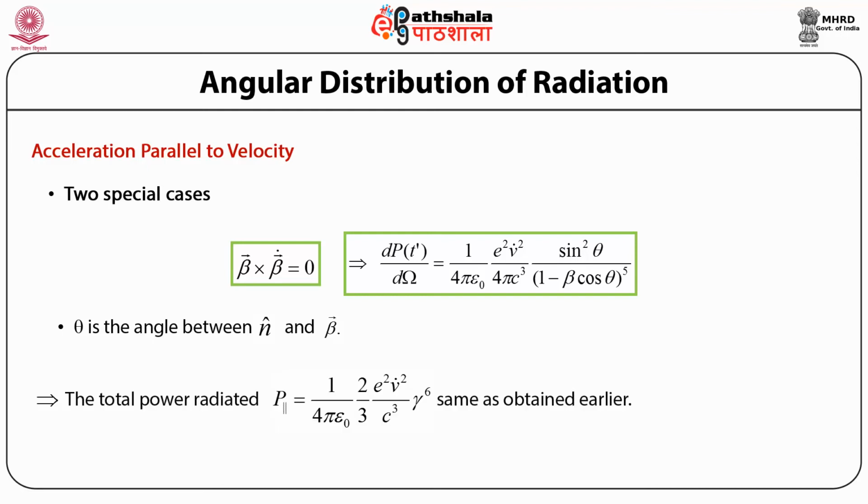The total power radiated can be obtained by integrating the above equation over dΩ, and elementary integration yields P equals 1 divided by 4 pi epsilon naught into 2/3 e squared v dot squared divided by c cubed gamma raised to power 6.